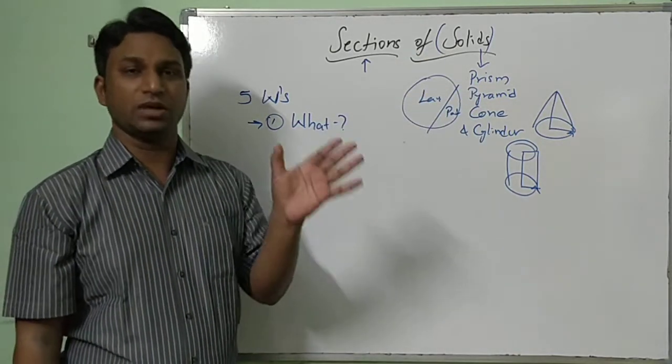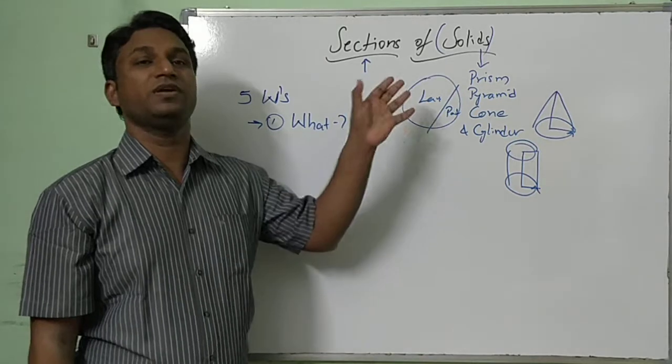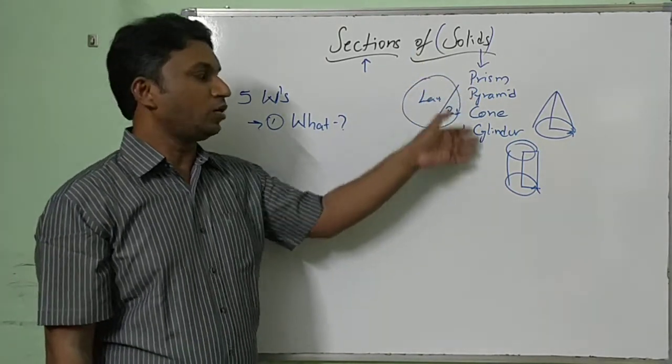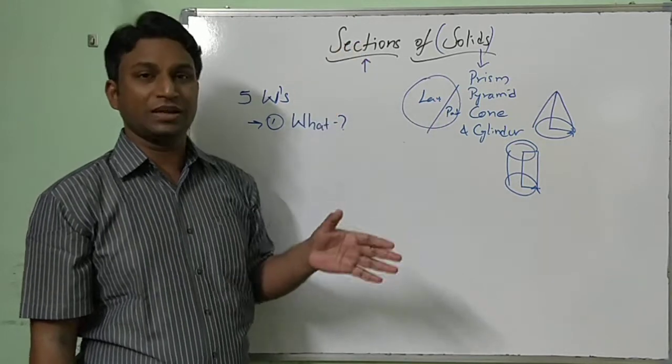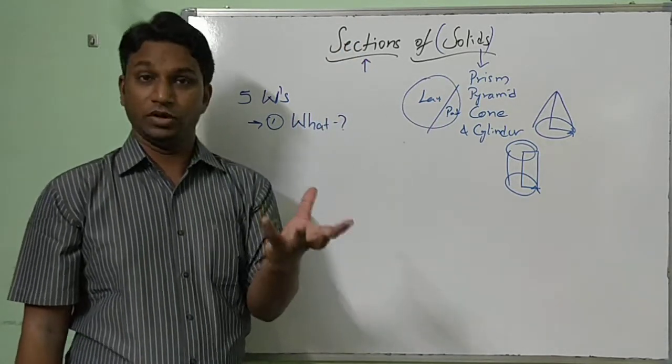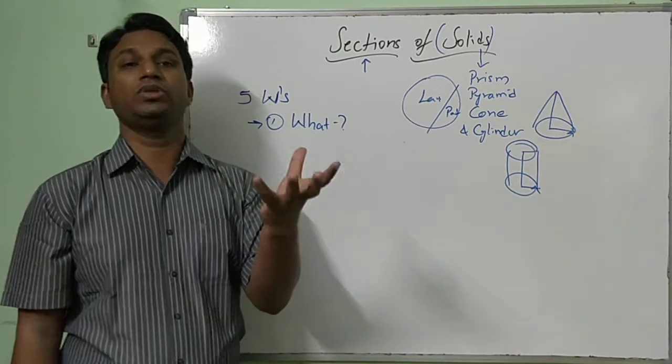Sections of solids are nothing but the parts of different solids, that is prism, pyramid, cone and so on. When we part them, when we divide them, how they look like.